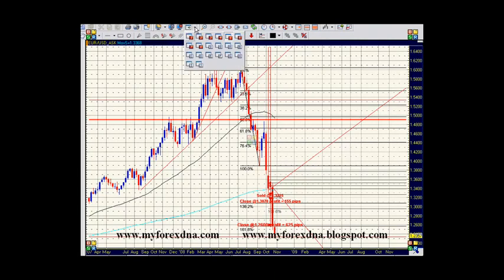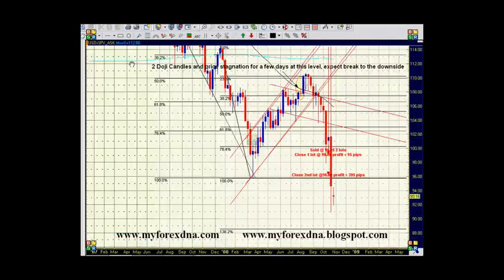Going further to the Japanese yen and the US dollar. This is the weekly chart. You can see on the weekly chart it's a doji candle forming, a lot of indecision in the market. The weaker the economic news, the stronger the yen has become, and today in the world the yen is the strongest currency.